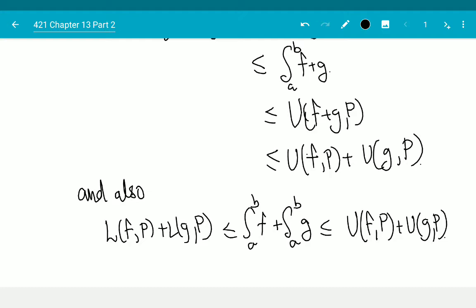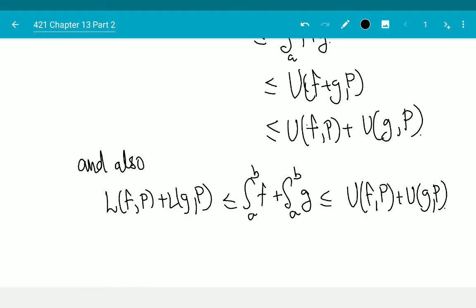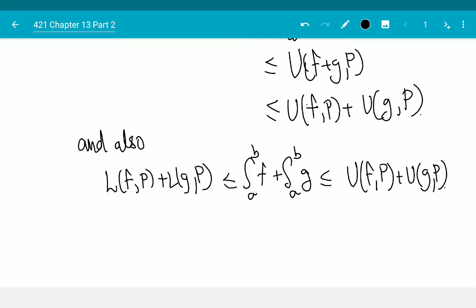Because the integral of f lies between L(f) and U(f), and the integral of g lies between L(g) and U(g). So if I subtract both of these sides, I can make this smaller than or equal to epsilon.